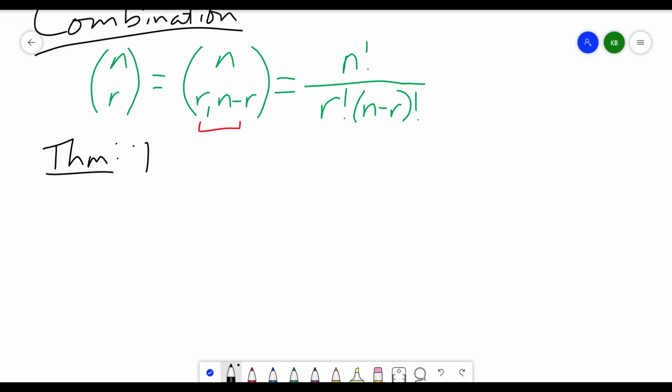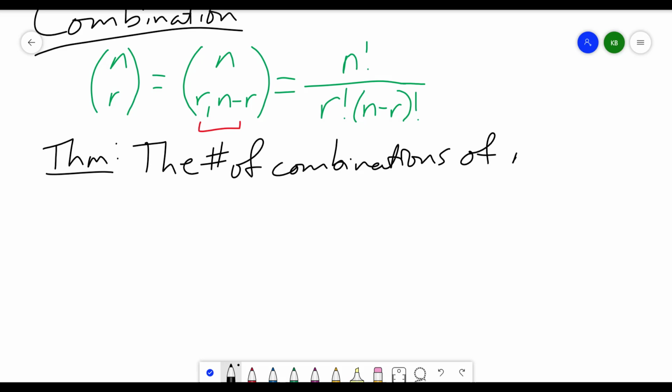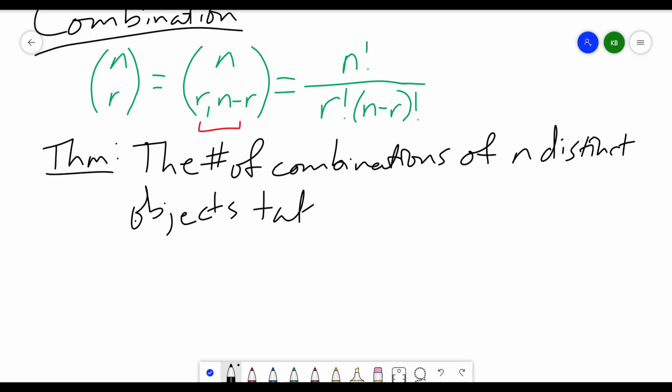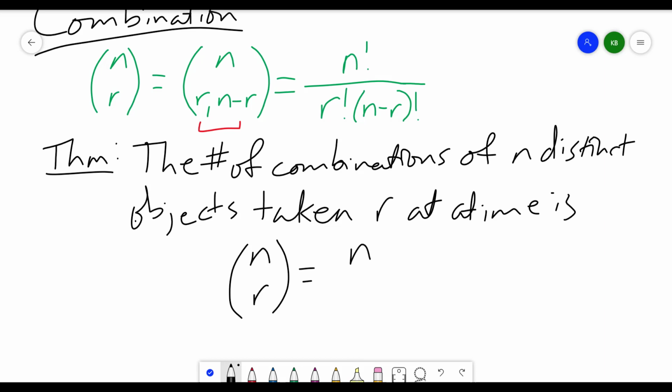So the number of combinations of n distinct objects taken R at a time is n choose R equals n factorial divided by R factorial times n minus R factorial.